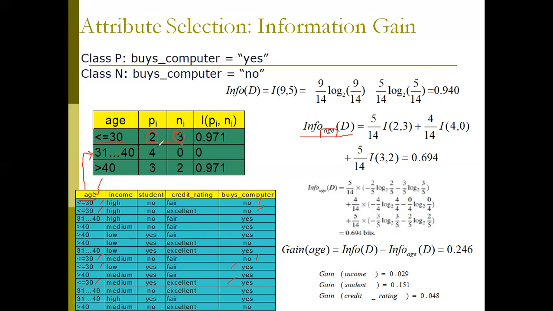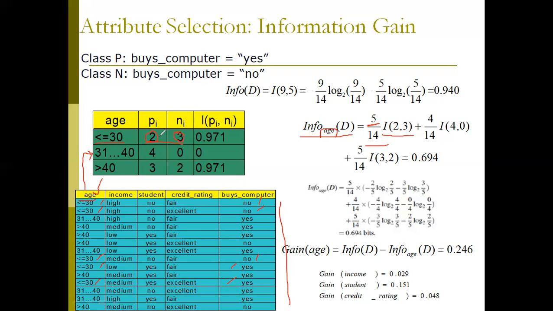So how many records are there in total? 5. 5 by 14, where 14 is the total records of the data set. 5 by 14 into I of 2 comma 3.